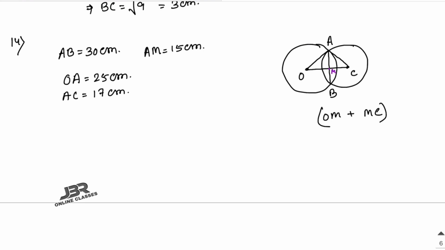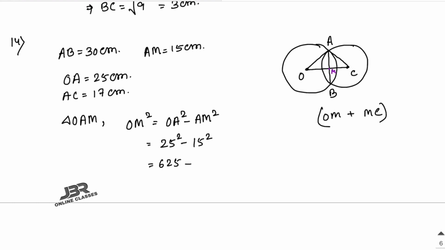So from the first triangle OAM, OM square is equal to OA square minus AM square. So OA means 25 square minus 15 square, that is 625 minus 225, that is 400. So OM is equal to 20.